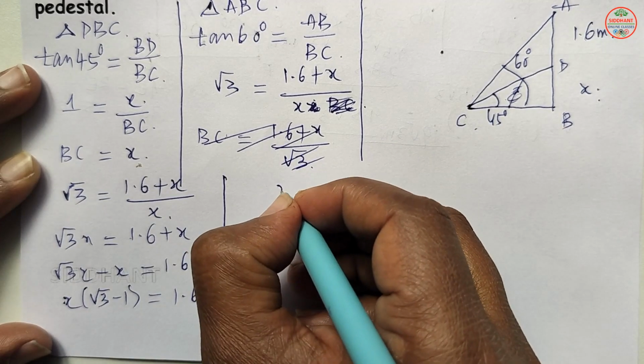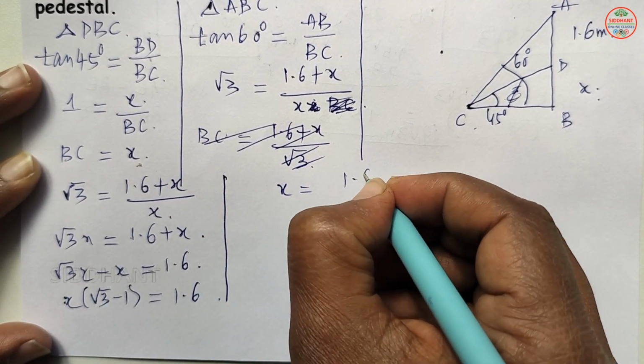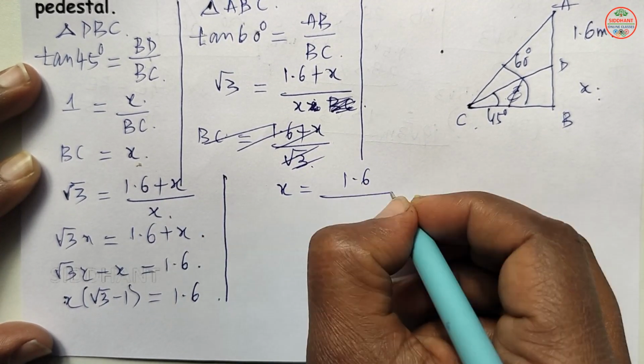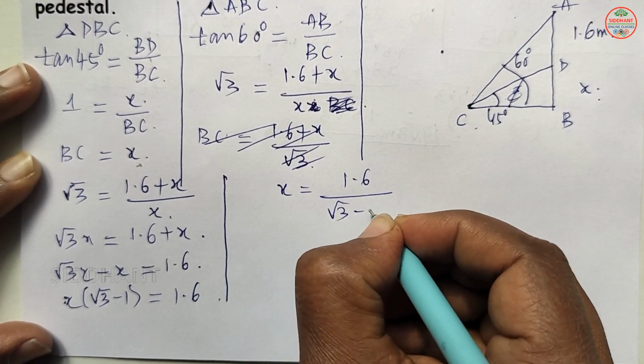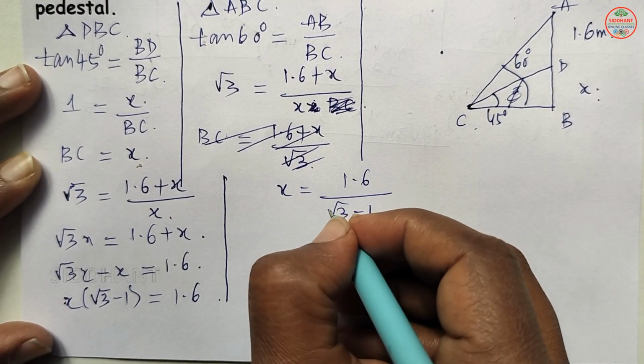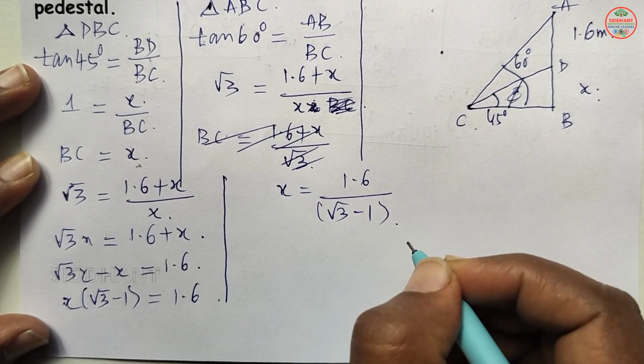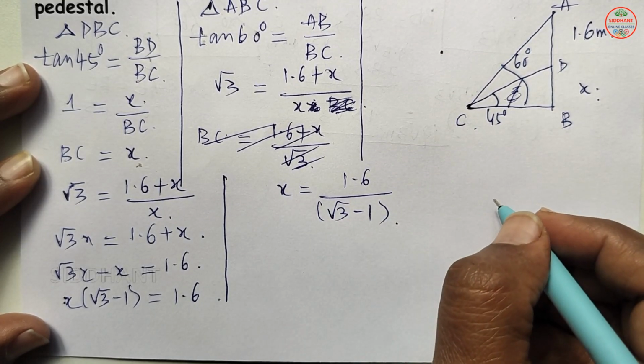So x equals 1.6 by root 3 minus 1. So this is the height of the pedestal.